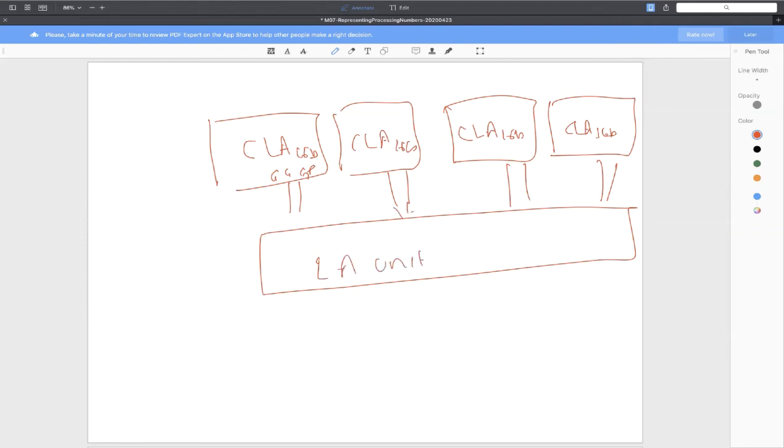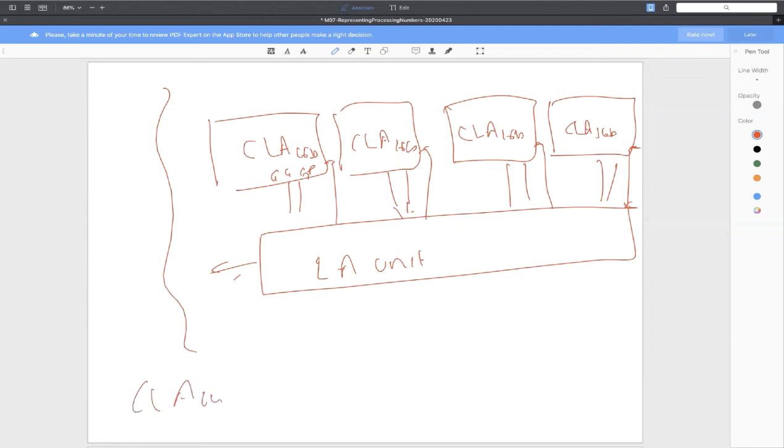The carry in will go here, and carry in will also go here, and then this will supply the carry in here, this will supply the carry in here. So now this thing becomes CLA 64.